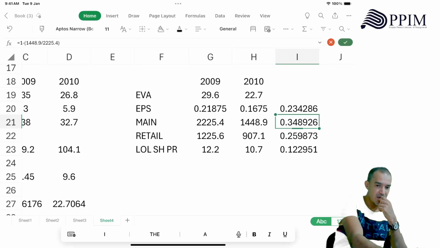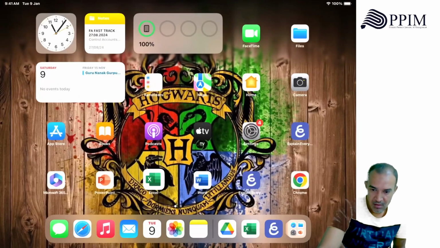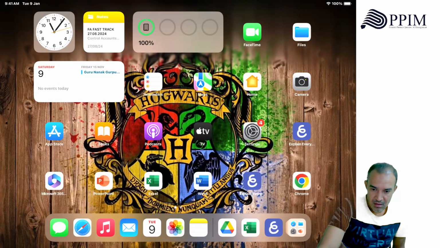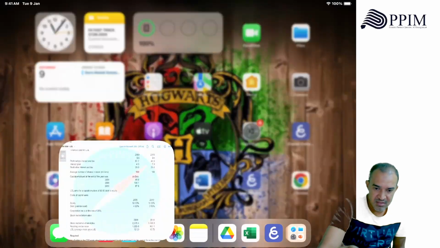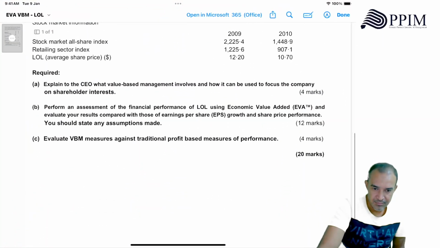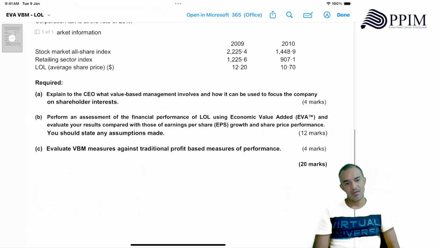Hence, it remains a worthwhile investment.